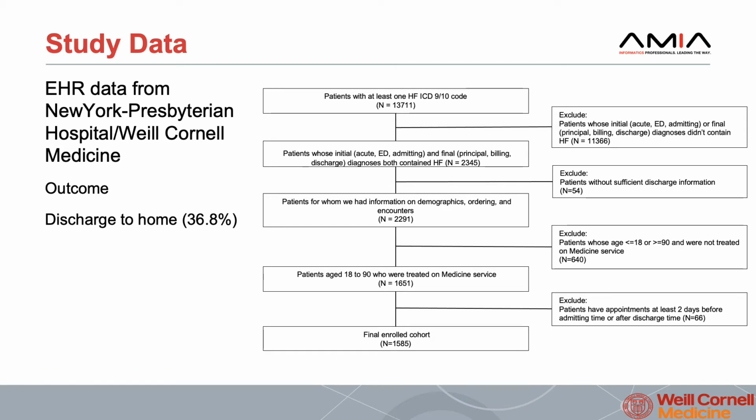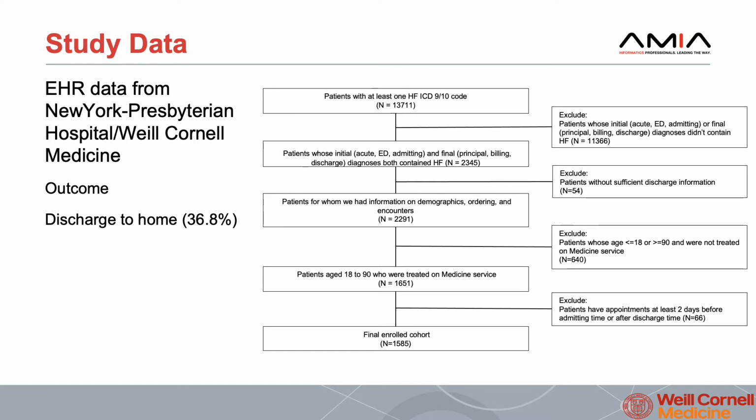So the EHR data were extracted from 2 hospitals of New York Presbyterian Weill Cornell Medical Center, and the electronic health record variables extracted include information on sociodemographics, vital signs, diagnoses, therapeutic orders, medication prescriptions, laboratory test orders and test results, as well as census tract level social determinants of health.